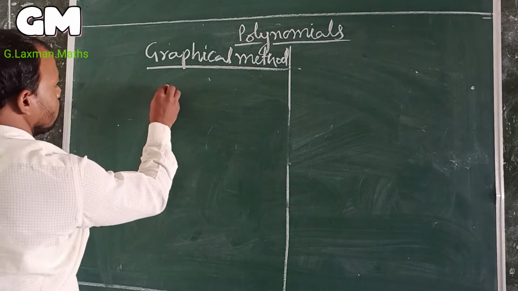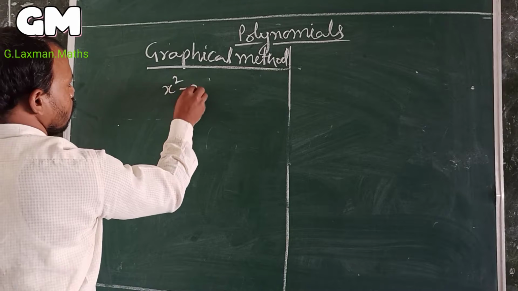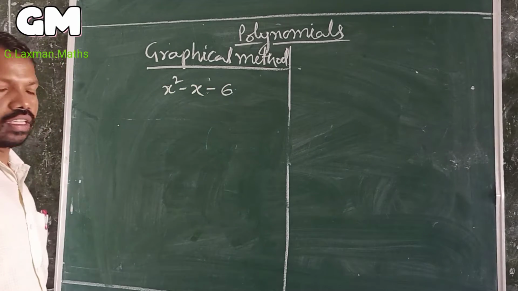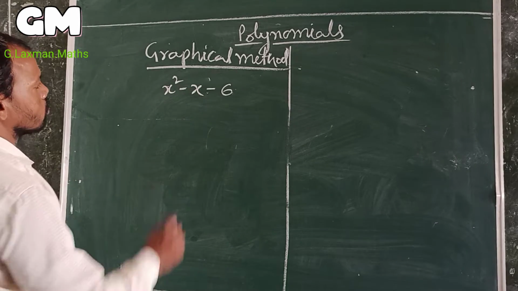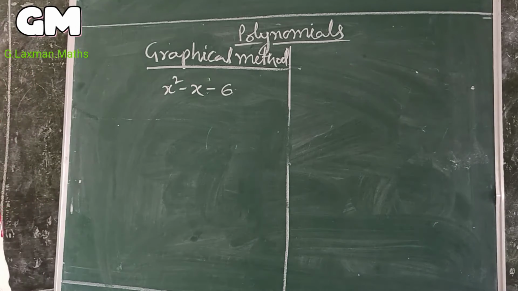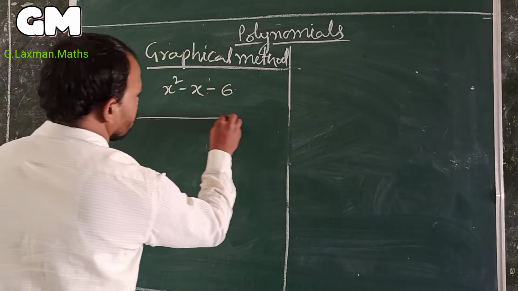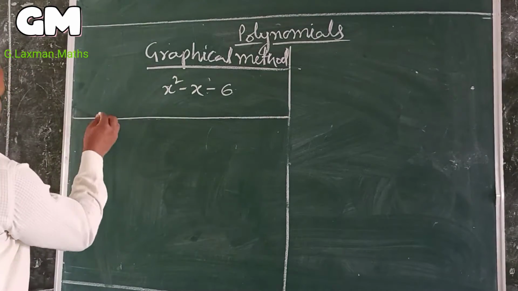For example, take a quadratic polynomial x square minus x minus 6. How can we find the zeros of this polynomial? First you have to prepare a table for x coordinate and y coordinate.